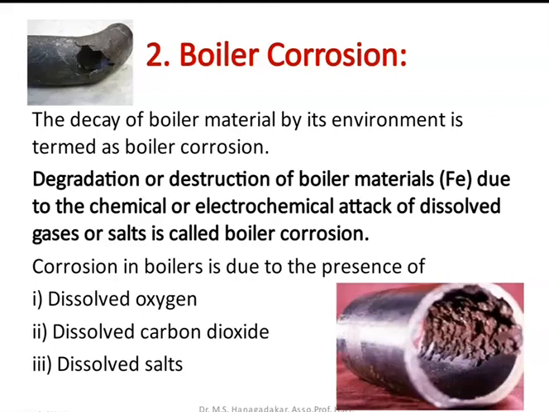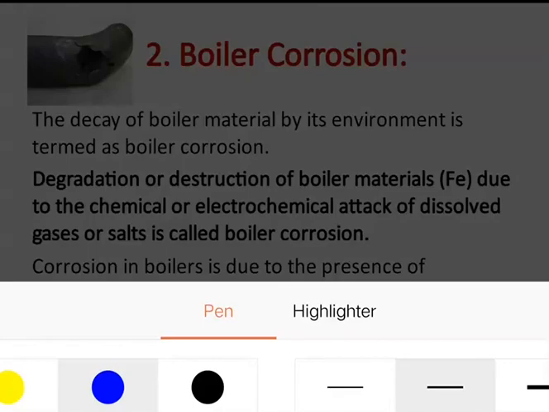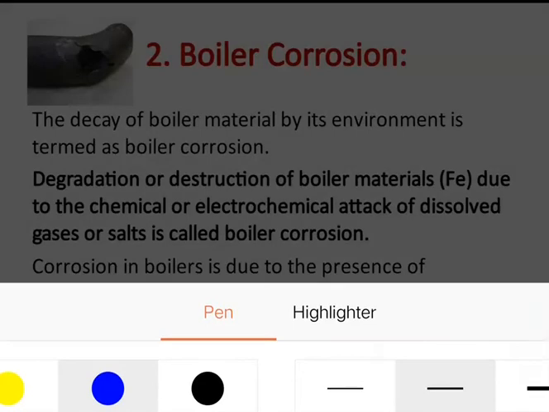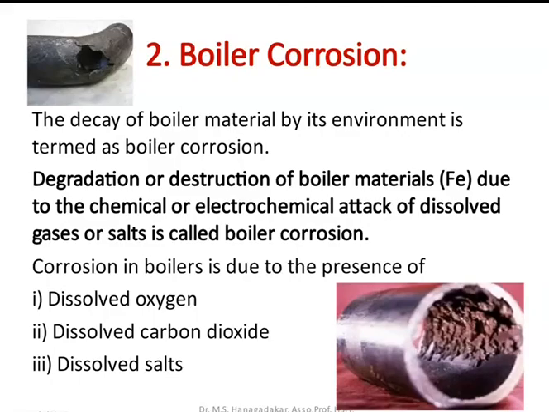Let us now discuss the second boiler trouble, that is boiler corrosion. When you hear the word corrosion, what comes to mind is the rusting of iron. Why? Because iron is used in most industrial applications in the form of machines or parts of machines.